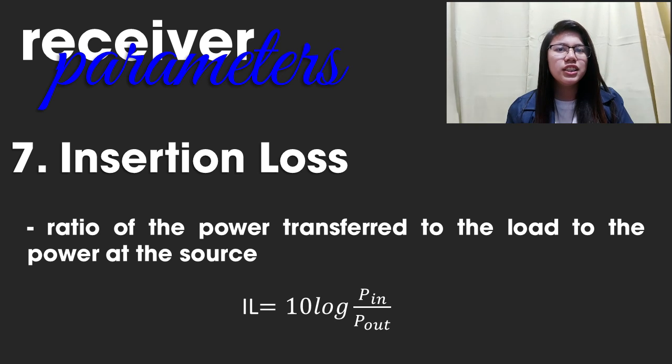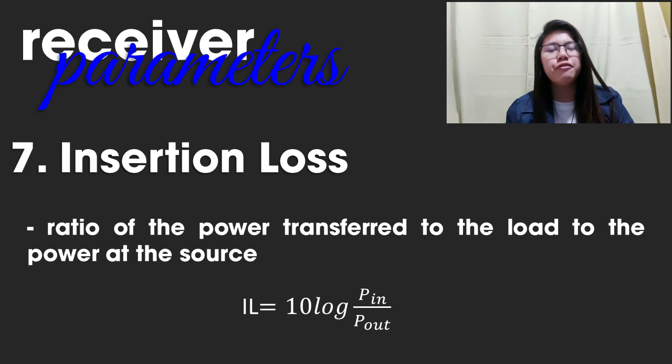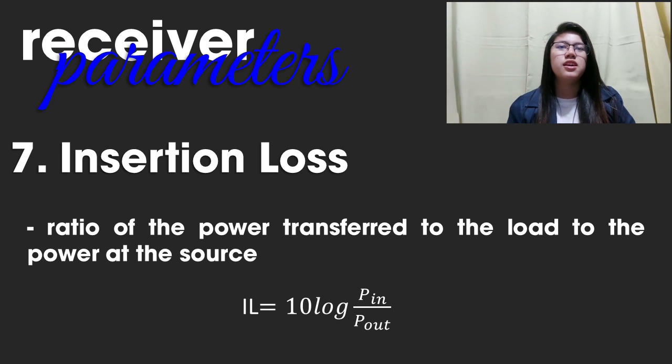Because filters are generally constructed from lossy components such as resistors and imperfect capacitors, even signals that fall within the passband of a filter are attenuated. Typical insertion losses are between a few tenths of a decibel to several decibels.